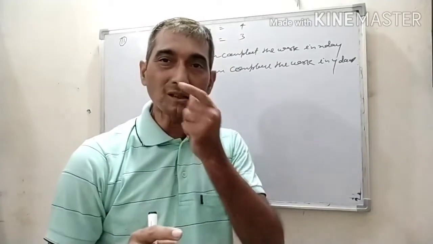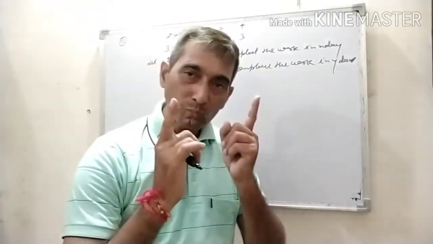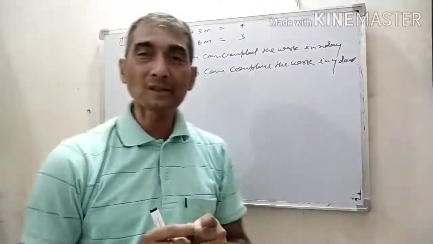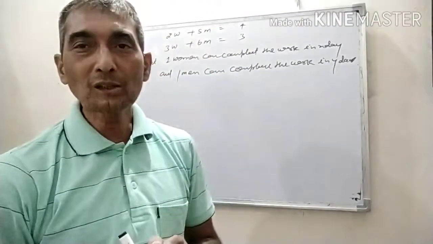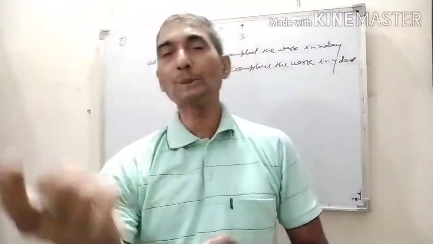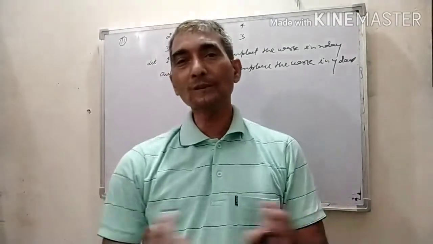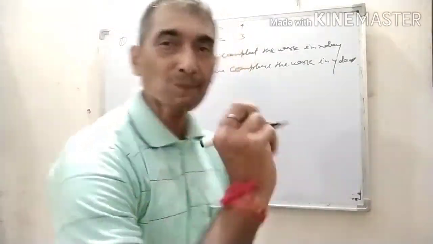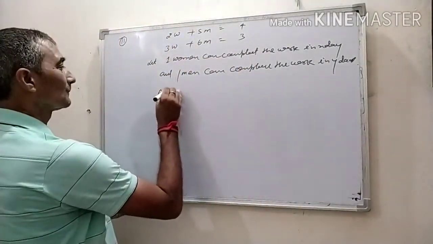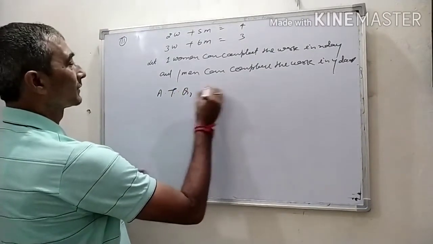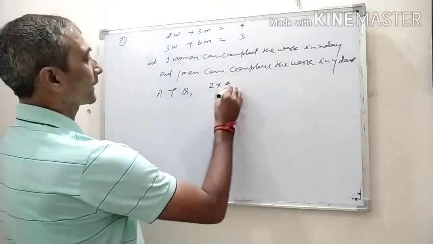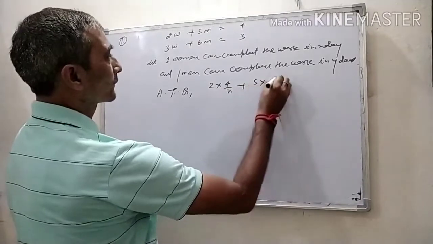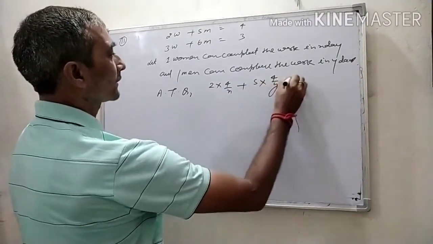Similarly, work done by 5 men in 4 days equal to 5 into 4 upon y, and the total work is complete. Therefore, according to the question, 2 into 4 by x plus 5 into 4 by y equal to 1.